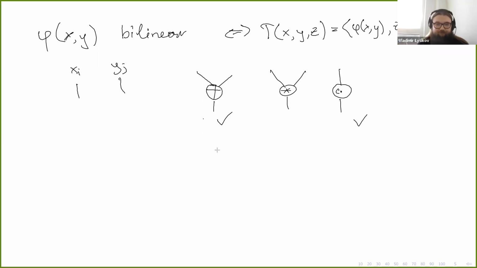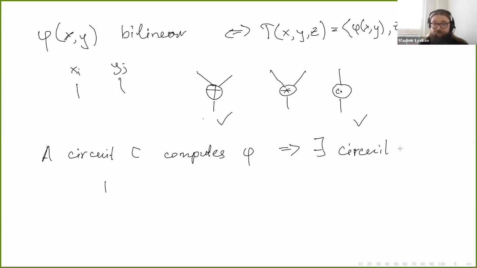And if a circuit C computes phi, then we can actually transform it in a very nice way, which is nice to analyze algebraically. Namely, we can say that there exists a circuit C prime of the following form.